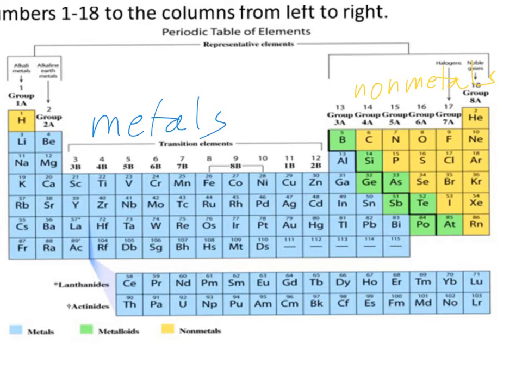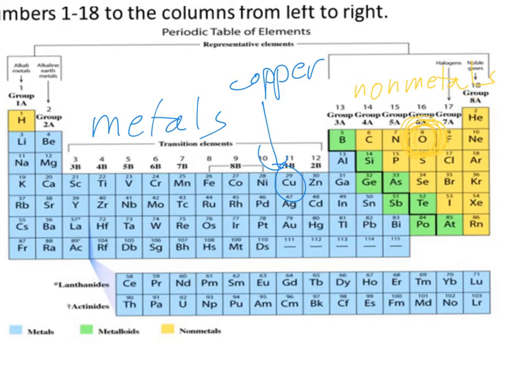For example, everybody's fairly happy with the fact that copper is a metal. So if copper's on this side of the staircase line, then everything else on this side of the staircase line with copper also has to be a metal. Everybody's fairly happy with the fact that oxygen here is a non-metal, right? You'll accept the fact that oxygen is a non-metal. So everything on the same side of the line as oxygen also has to be a non-metal.